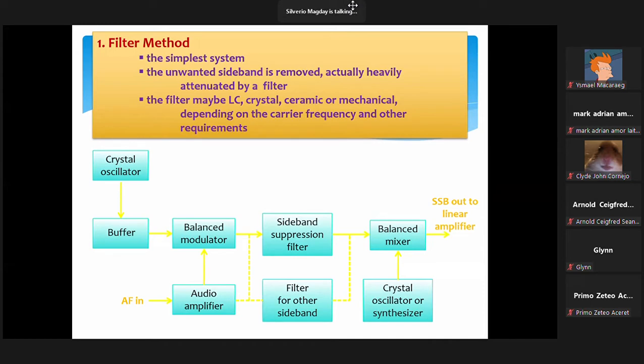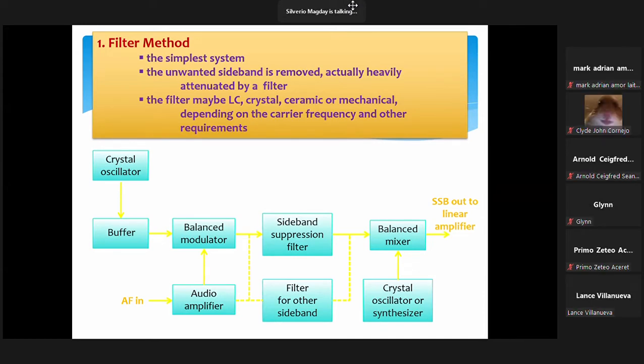Yung modulating signal, your AF, is applied to the audio amplifier. And then the amplifier's output is fed to one of the inputs of a balanced modulator.